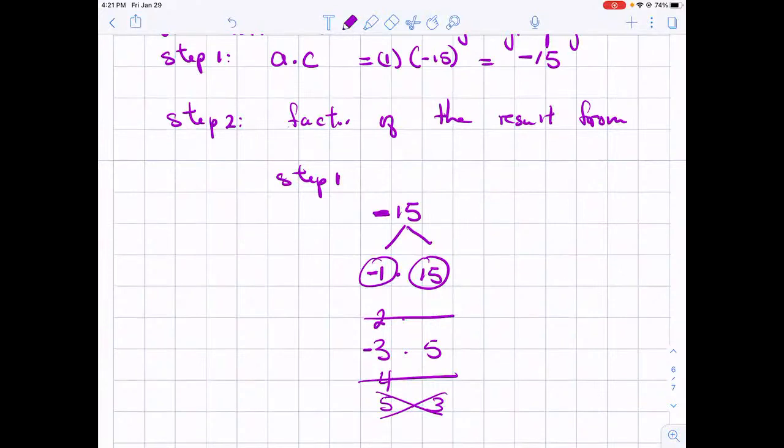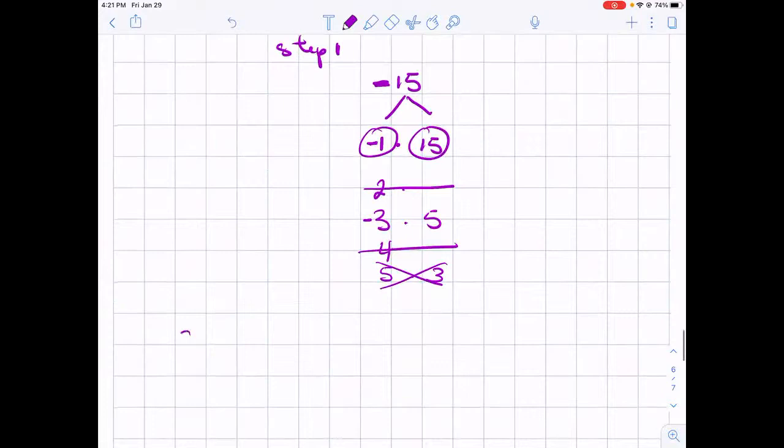So what is step 3 now? Step 3. Look at all your pairs. Identify a pair, right?